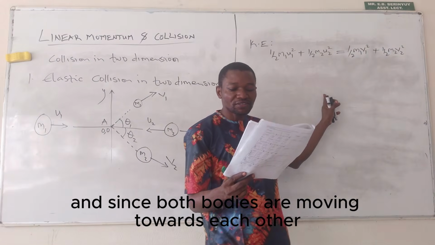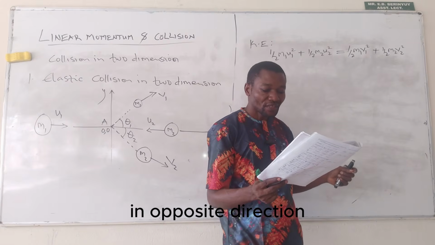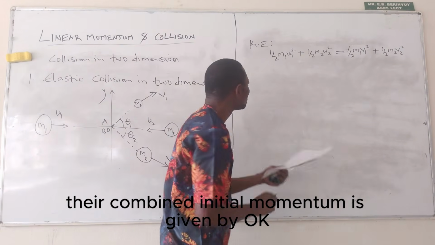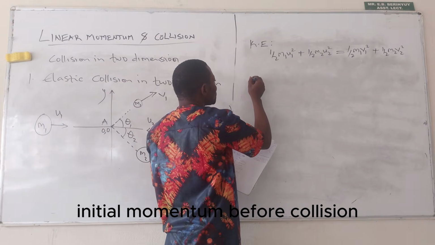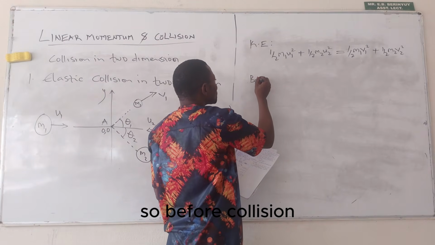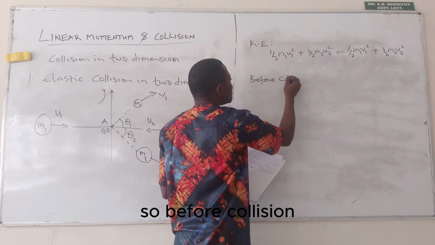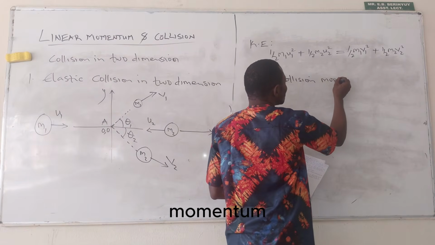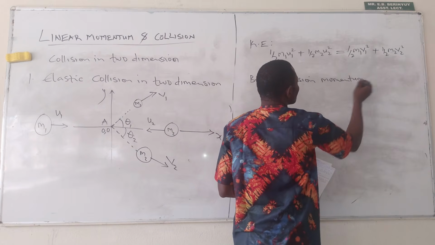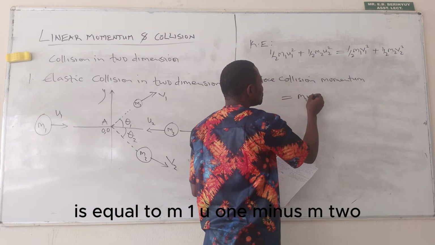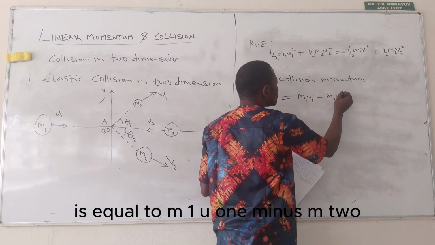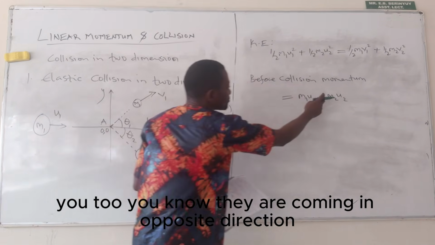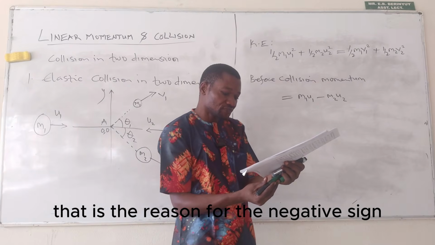And since both bodies are moving towards each other in opposite directions, their combined initial momentum before collision is equal to m1 u1 minus m2 u2. You know they are coming in opposite directions. That is the reason for the negative sign.